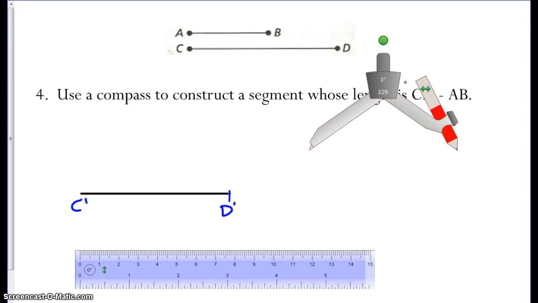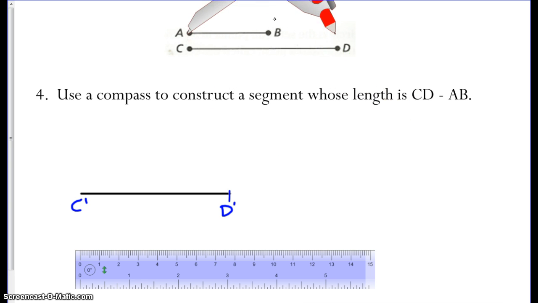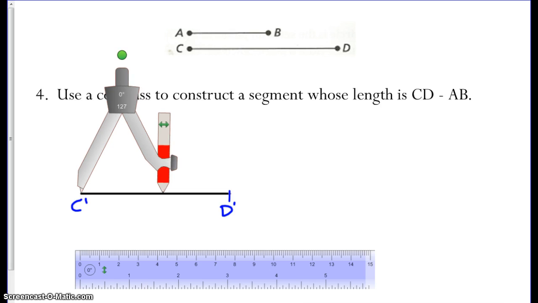Alright, now it says to subtract AB. So I would take this segment, measure AB's width, there we go, so measure it out with your compass, okay? And what you can do is cut a piece from either end.